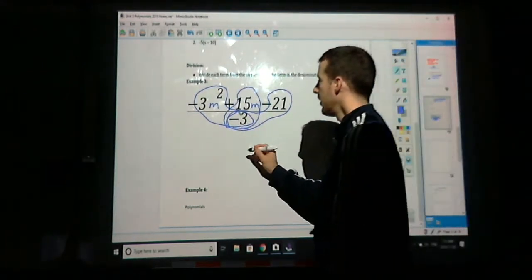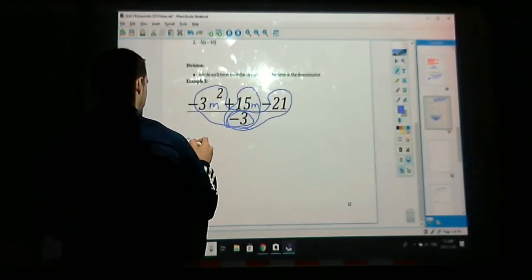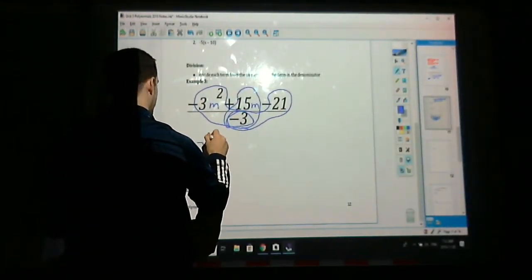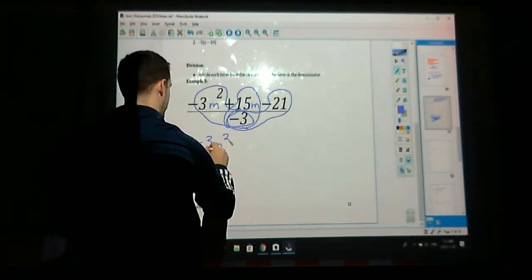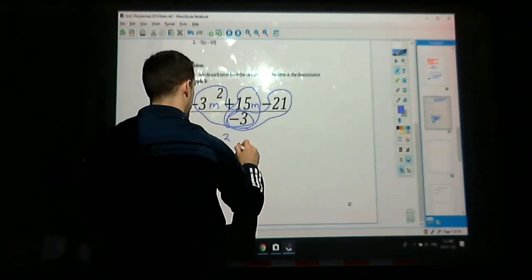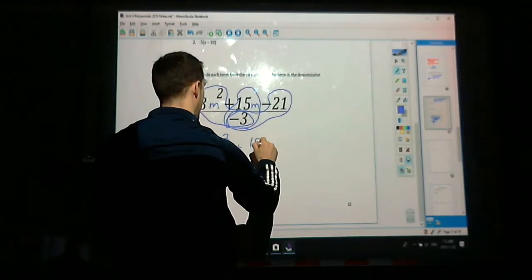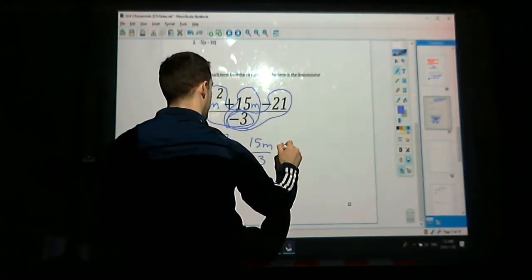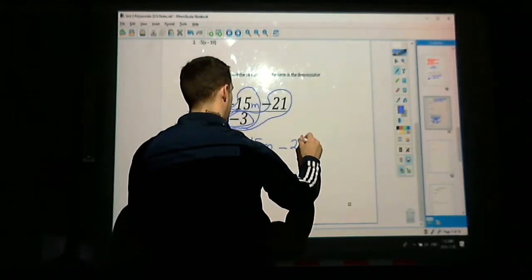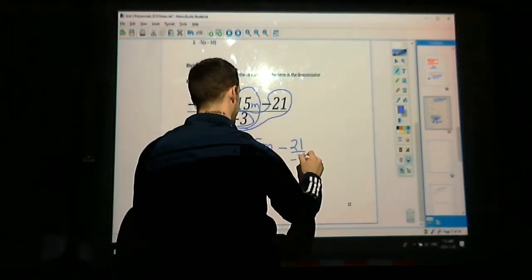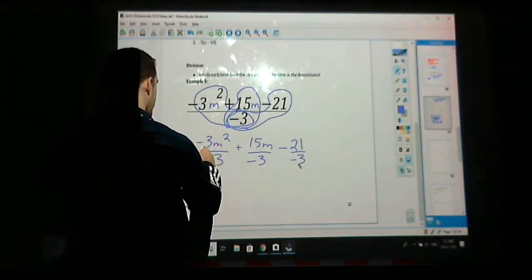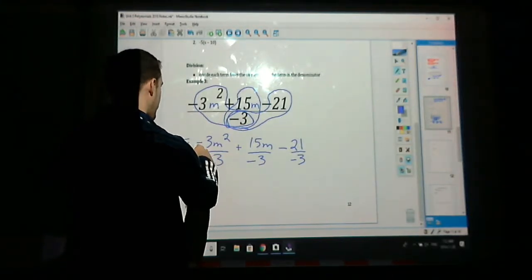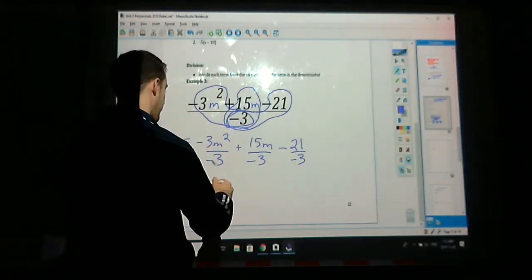All right, so let's break this down. Here we have negative 3m squared divided by 3 plus 15m divided by negative 3 minus 21 divided by negative 3. Over here, negative 3 divided by negative 3 is 1.